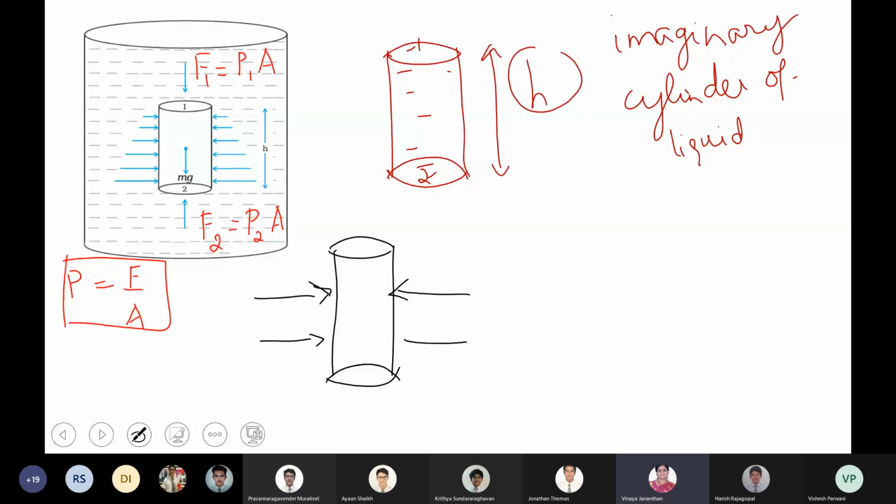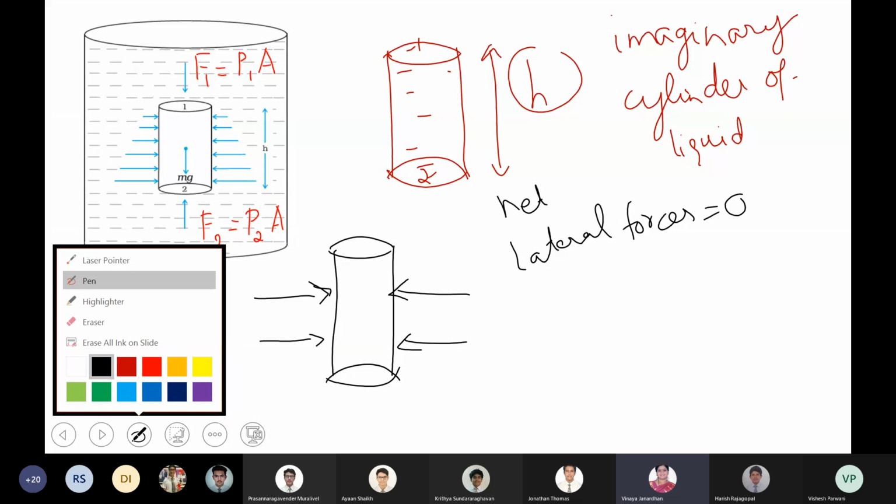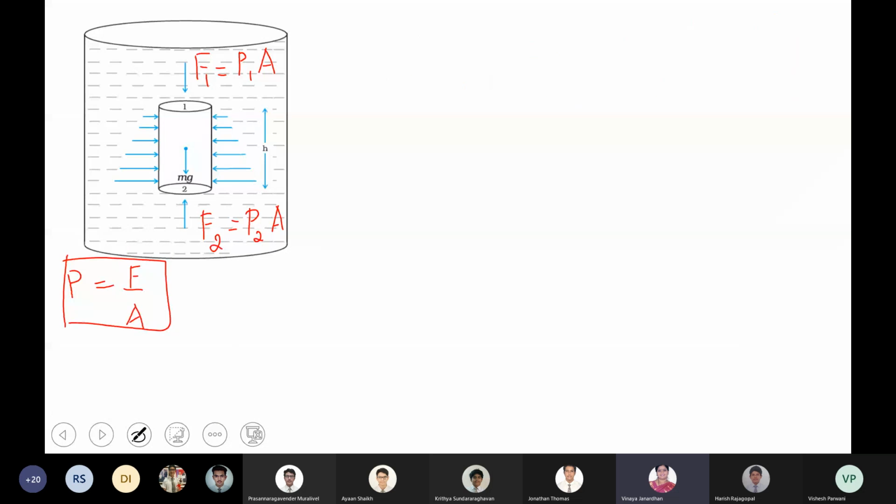All the forces which are acting along the sides are going to be equal in magnitude and opposite in direction. So the net lateral force adds up to 0. Now only the forces which are acting in the upward and downward direction should balance. Let me look at the diagram.